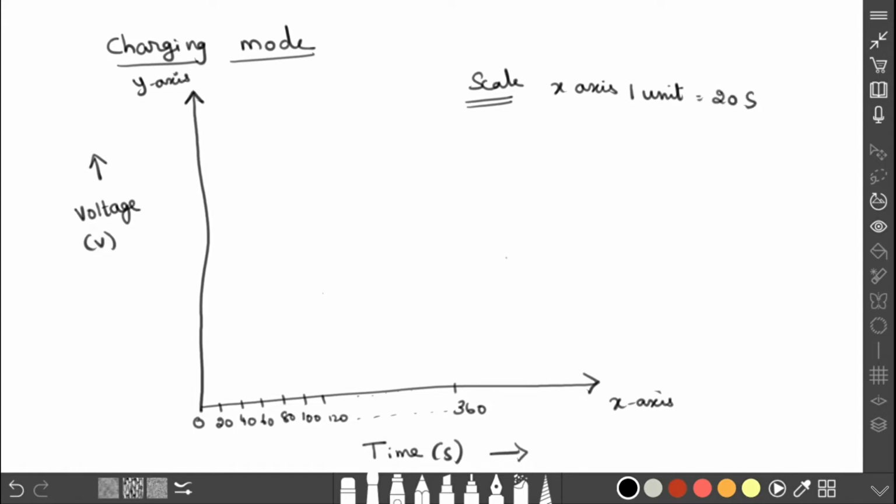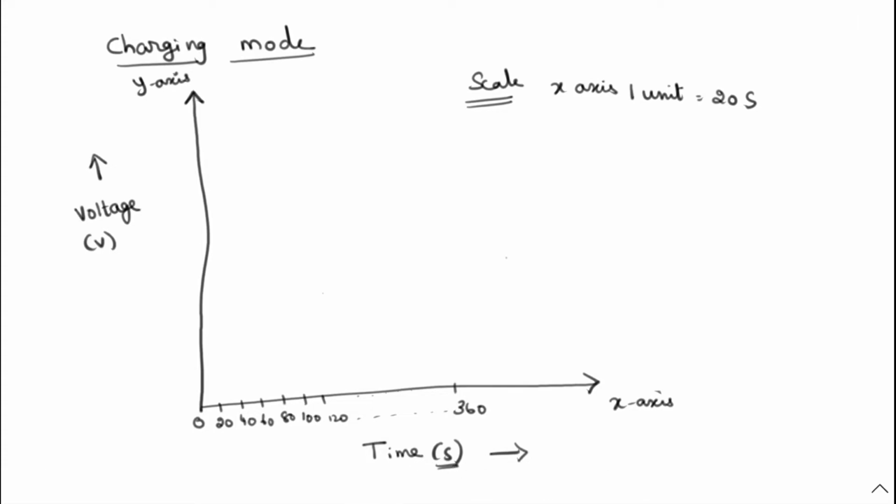This is very important, 20 seconds. And on the y-axis, 1 unit is equal to 1 volt. Now you can write 1, 2, 3, 4, 5, 6, 7, like that it increases. Actually our maximum voltage is 6.19, that's why I stopped up to here.